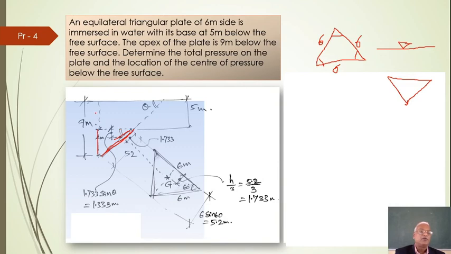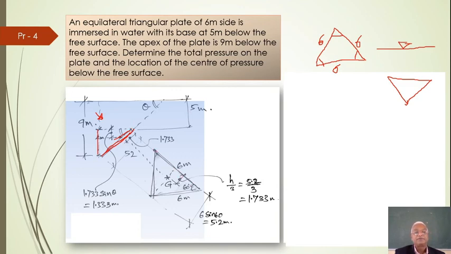When you look at the triangle from this angle, it looks like this: this is 6 meters, this is 6 meters, but the bottom edge is parallel to the horizontal, and it is said that it is 5 meters below. That's why the diagram is like this.